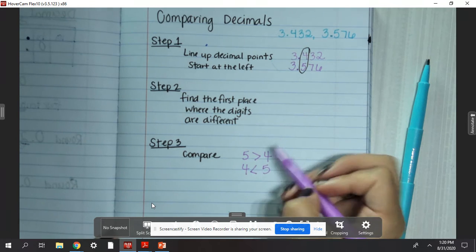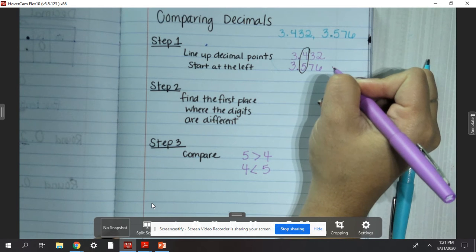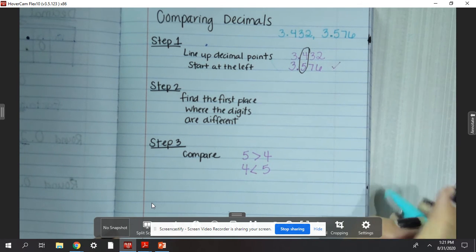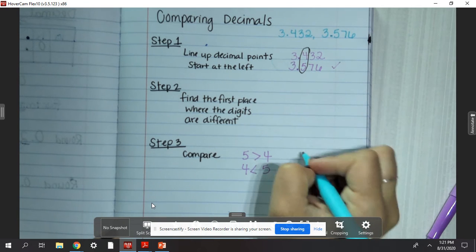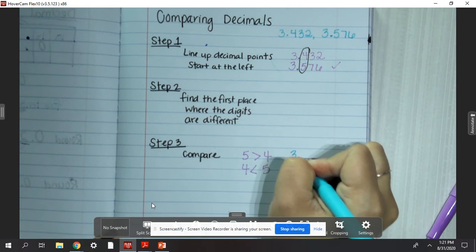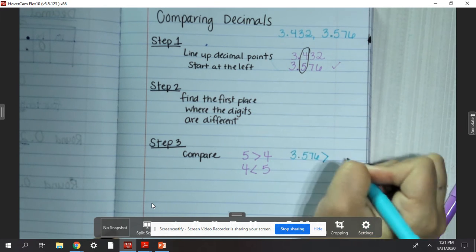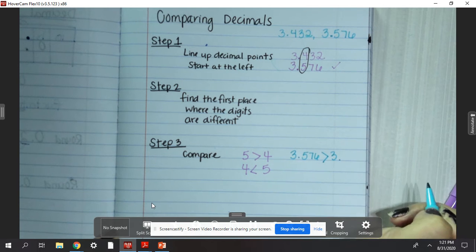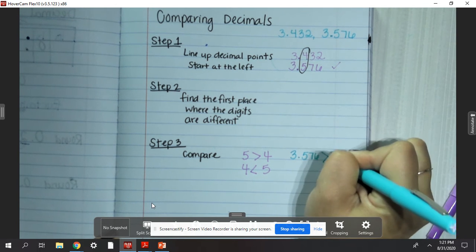So now that I've compared them, if I say 5 is greater than 4, if that's true, then that means this number here is the largest number. So I can write this out as 3 and 576 thousandths is greater than 3 and 432 thousandths.